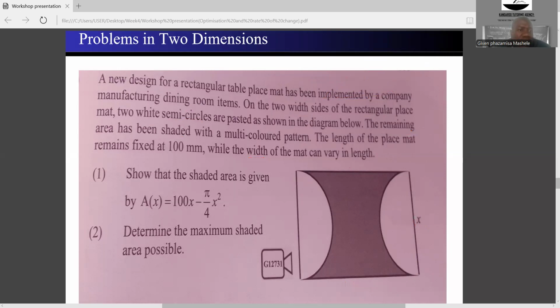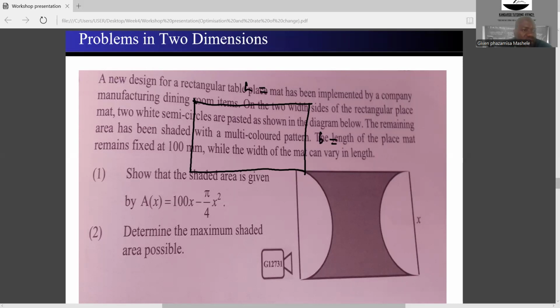So what does this mean, guys? It means that we had a rectangle. This mat was having dimensions of, let's say this is the length and this is the breadth.